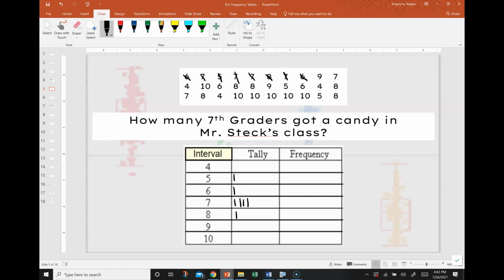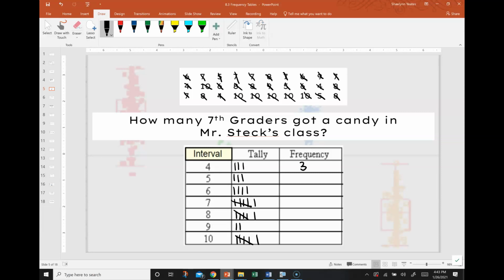7, and a 6, and a 9, and another 7, and a 4, and a 10, and a 6, and 2 8s, and a 9, and a 5, and another 6, and 4, and an 8, and a 7, and another 8, and another 4, and 10s, and a single 5, and another 8.